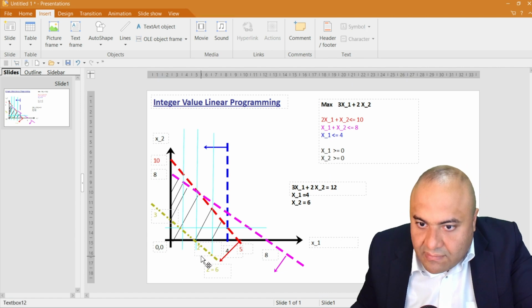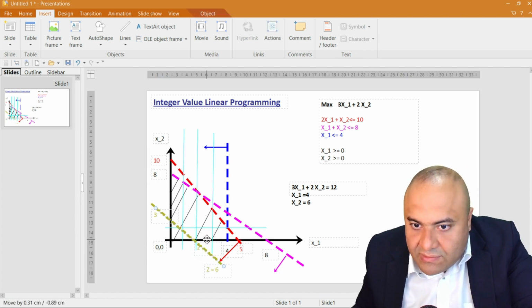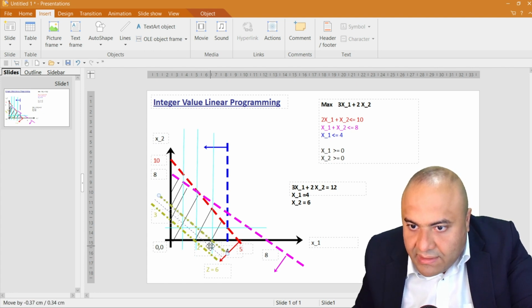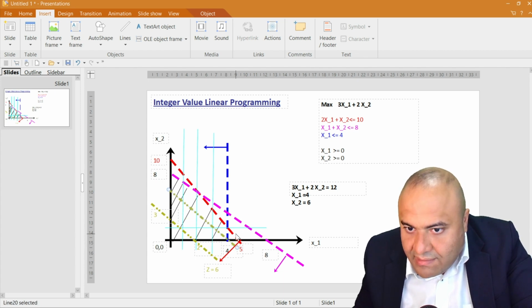So the line is of course going to be parallel, and here x1 will be passing through 4. It's quite on the tip here, and x2 has to be 6. So somehow it should be like this.